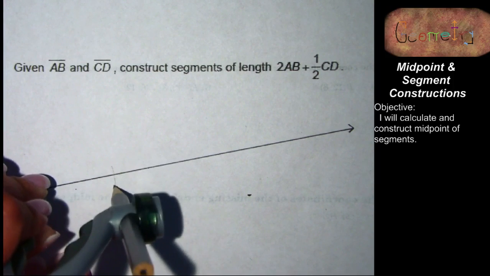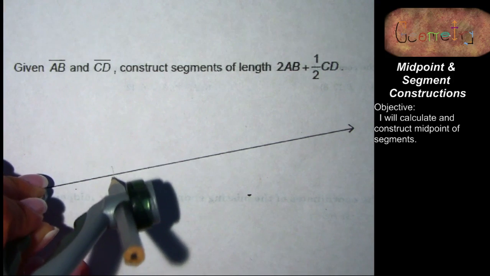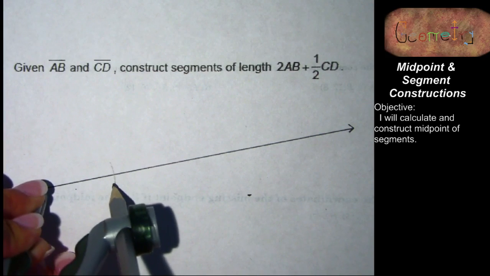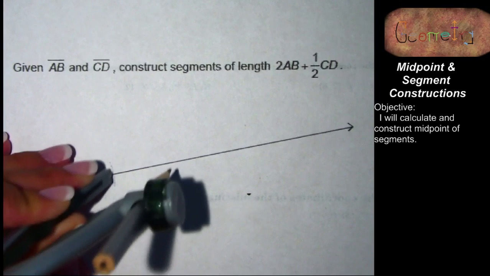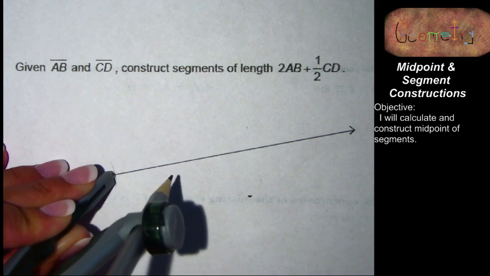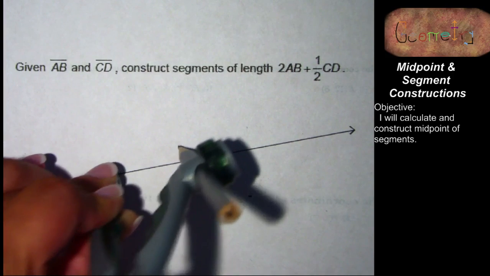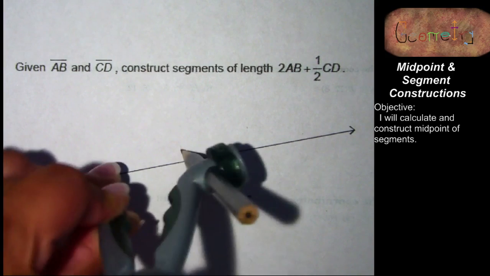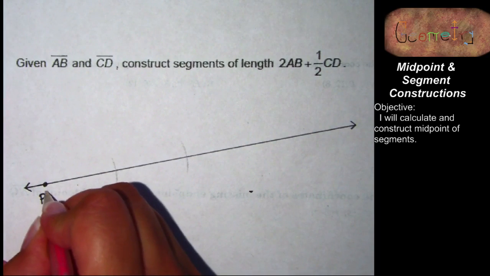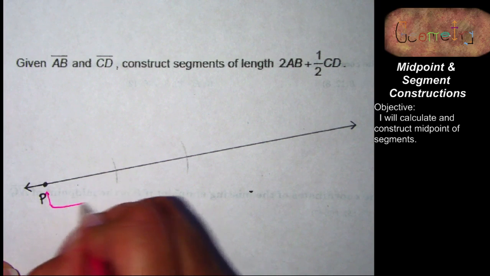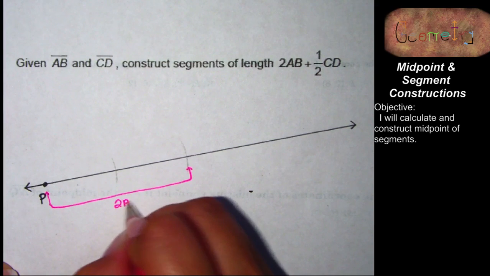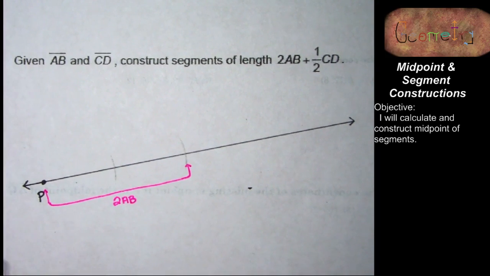There's the toes of my king AB's foot. Now he's going to take a step, and I'm going to put the heel, the needle of my compass, right on that mark. And I'm going to mark again where his toes are. That length from this point P all the way to wherever this mark is the distance of 2 of my AB lengths.